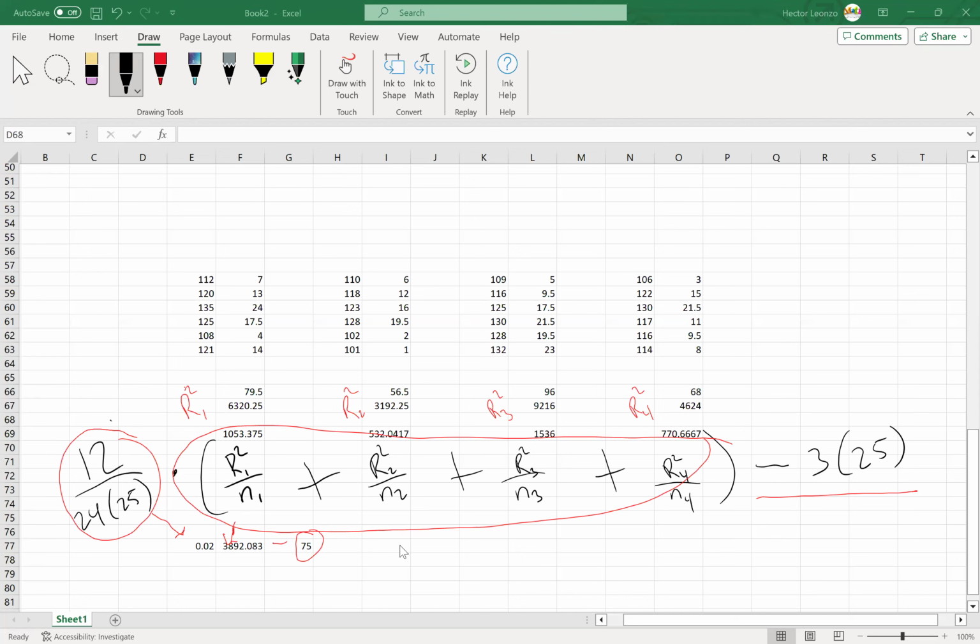I'm going to say equals the first number times the second number minus the third number. And there's my test value. I'm going to round it to 3 decimal places. I'm going to call it 2.842.